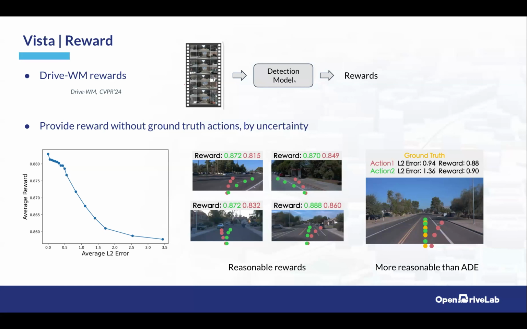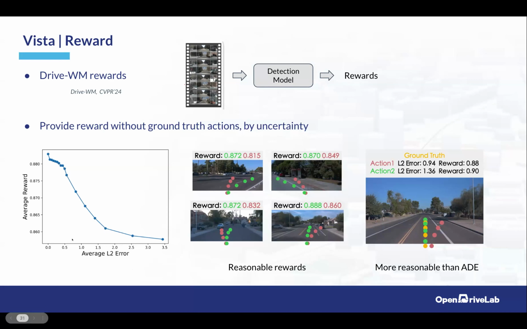However, this includes additional steps, so we are wondering if we can provide the reward without additional detection models. So we resort to an uncertainty method. Here, I show the results of the reward corresponding to the average L2 error.